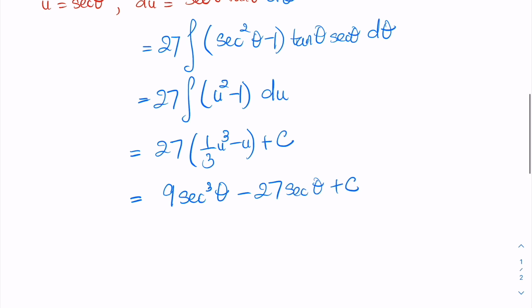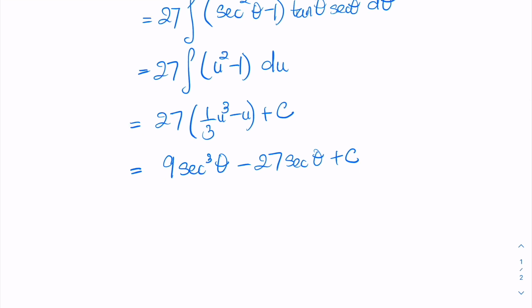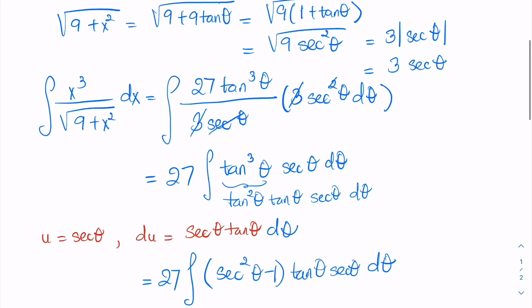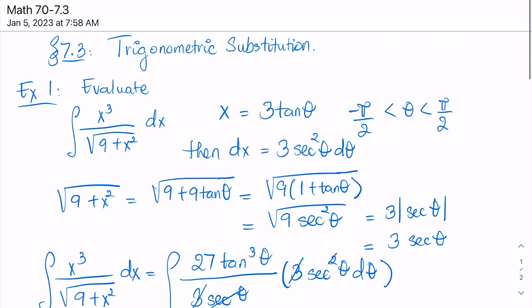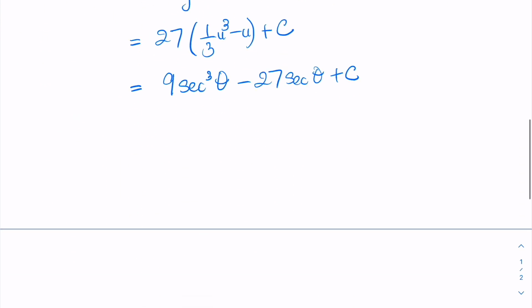All right, let's take care of the right triangle. So what I have, don't forget from the beginning we let x be 3 tangent theta. So let's rewrite that. x equals 3 tangent theta. So tangent theta is x over 3.